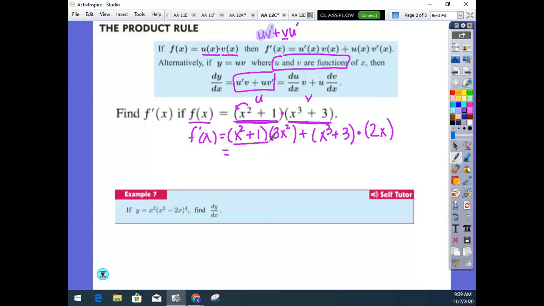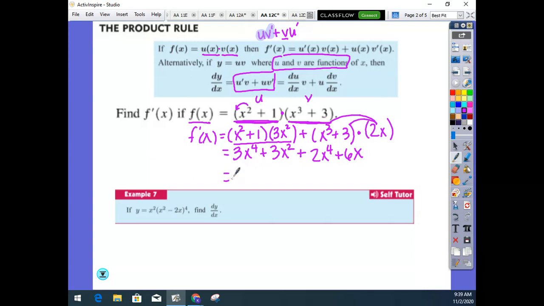Then we can distribute this: 3x squared times x squared is 3x to the 4th, plus 3x squared, plus, now distribute the 2x, 2x to the 4th, plus 6x.